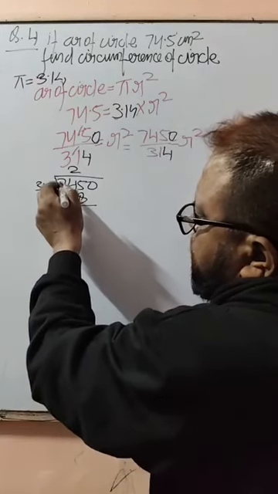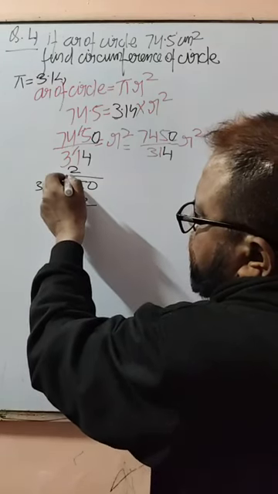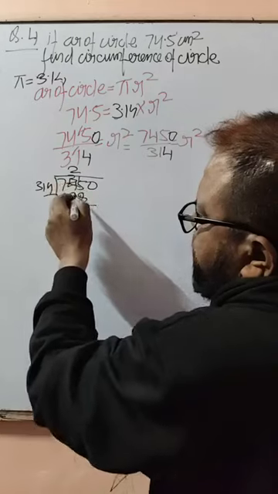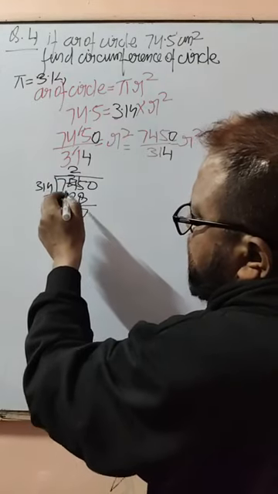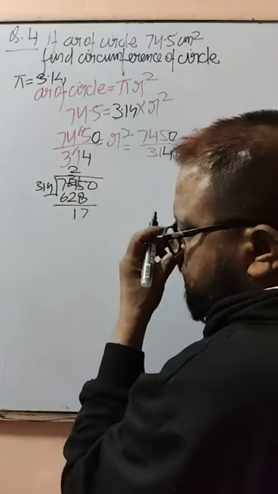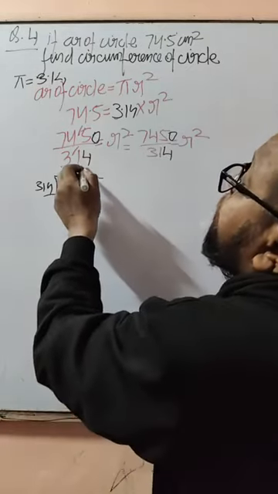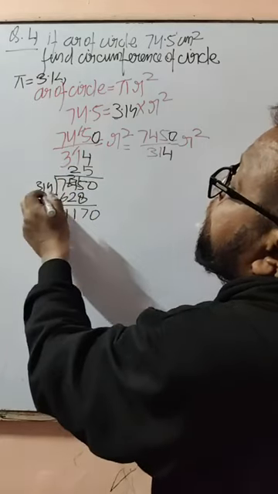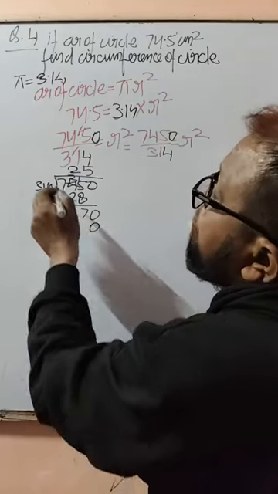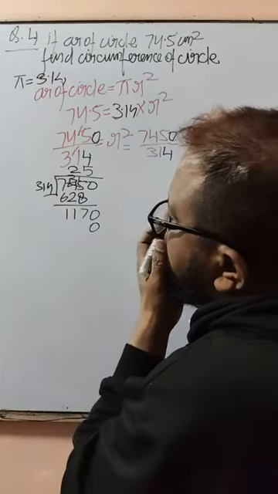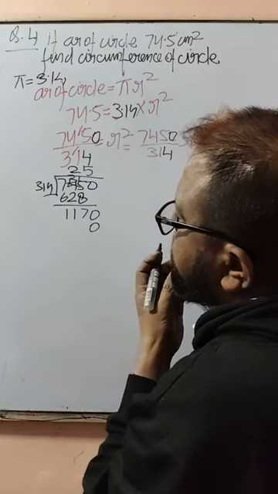Now borrow 1 from here, it becomes 15. 15 minus 8 becomes 7.